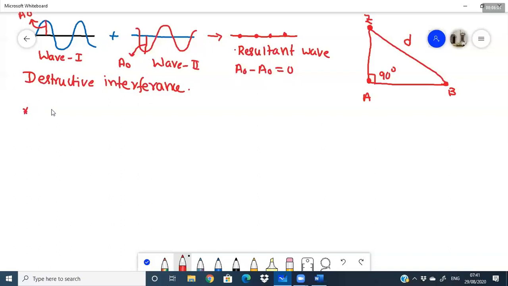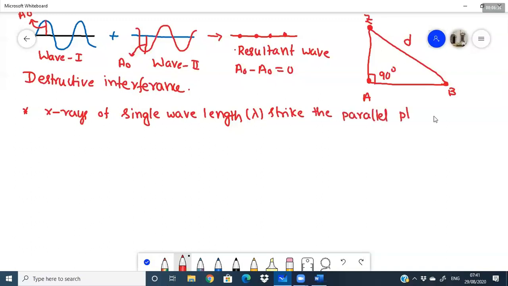The first point, X-rays of single wavelength lambda strike the parallel planes of the crystal at an angle theta.